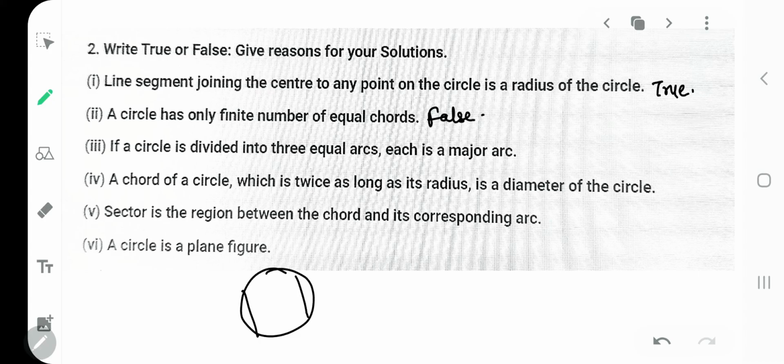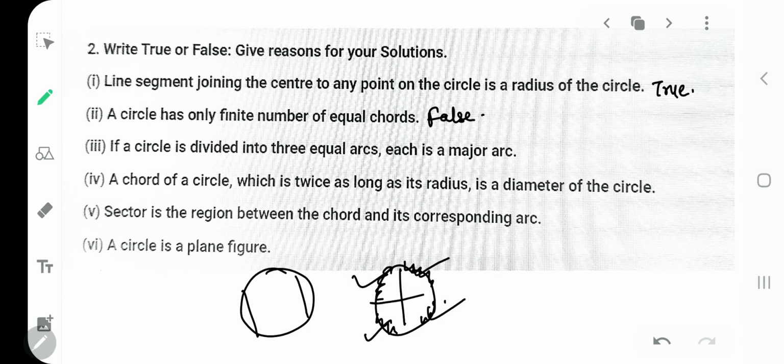Third is if a circle is divided into 3 equal arcs, each is a major arc. Now 4 equal arcs, if I divide my circle, this is 1, 2, 3, 4. Getting my point? If I am dividing this into 4 equal arcs, they are all equal.